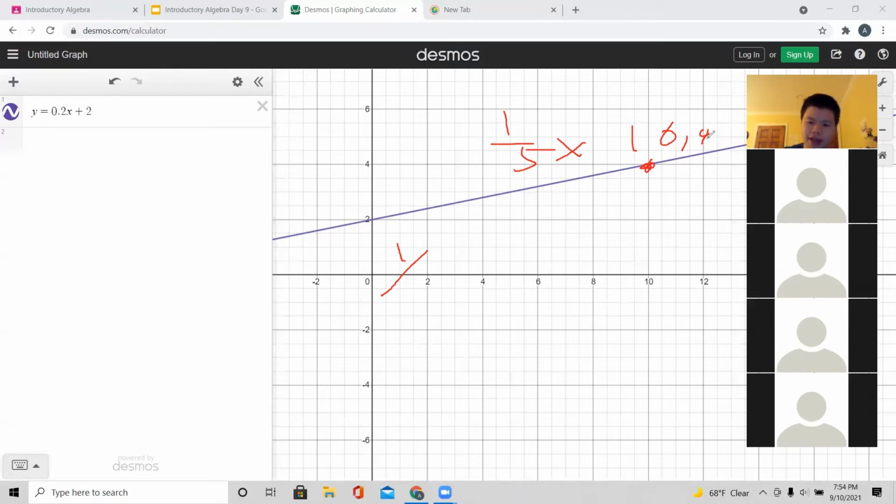When x is 10, y is 4, while the change of y is 1/5 of the change of x. Here I'm referring to change as how much it would change, not how much it is changing by.